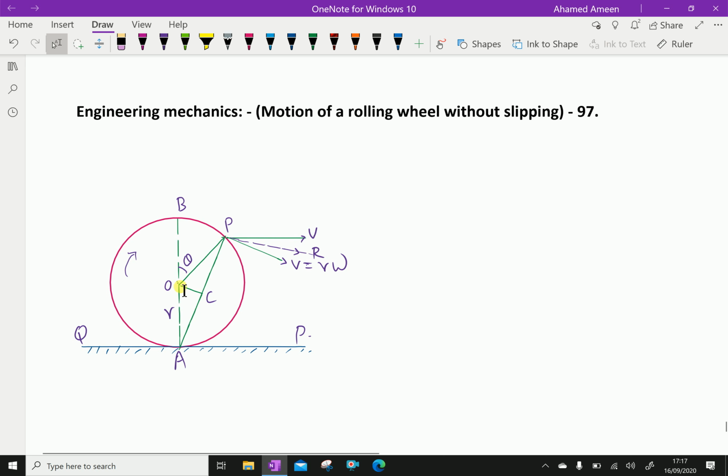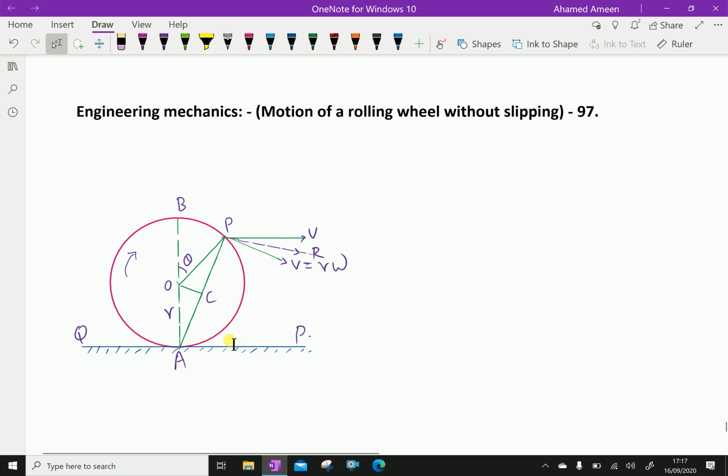Consider the center of the wheel O moves with the same linear velocity as the wheel. And each particle on the periphery, particularly here point P, rotates with some angular velocity.